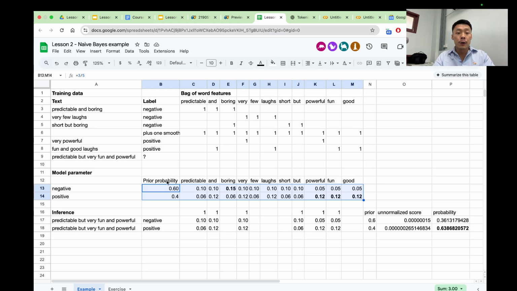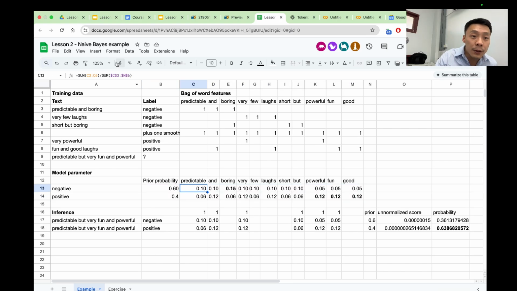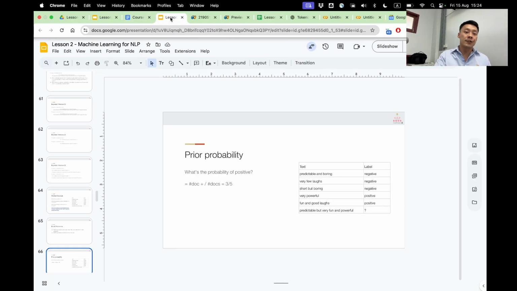So you have a prior probability for each label, and also the probability of each word in the vocabulary for that label. So these are model parameters. I'll show you the formula first.